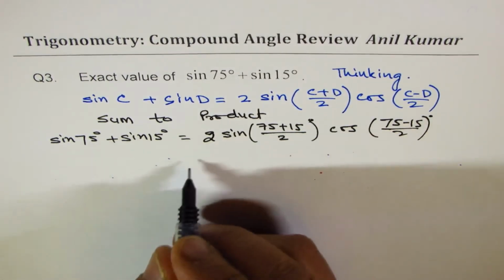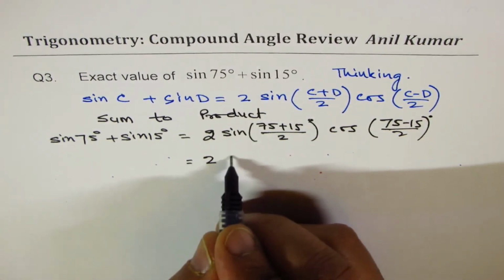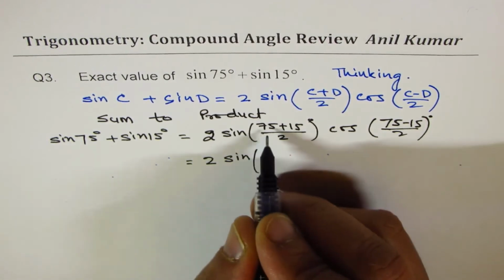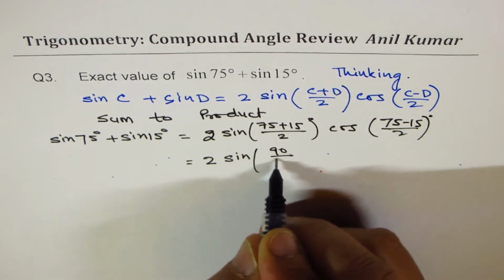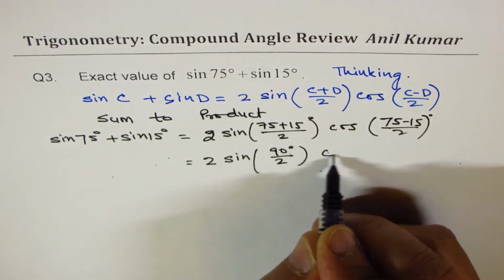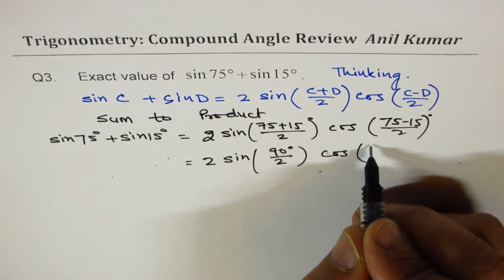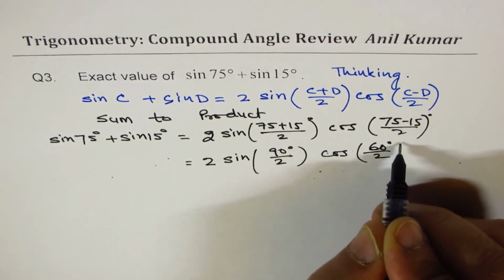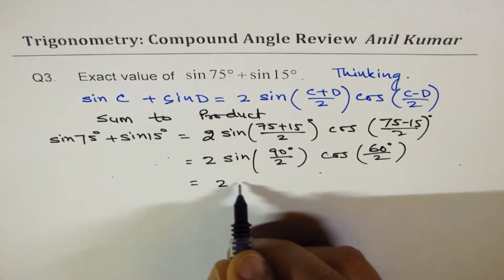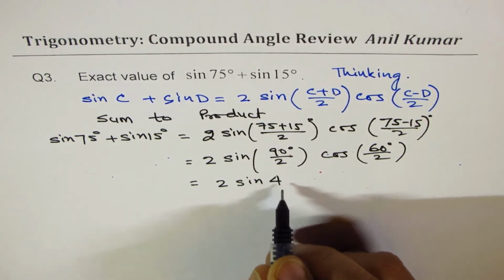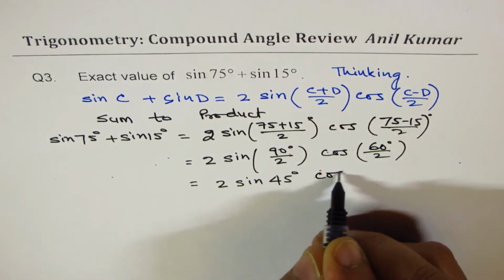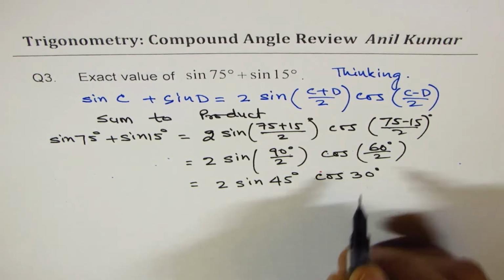All are in degrees. So that gives you twice sine, and 75 plus 15 is 90, so we get 90 degrees by 2. Cos of the difference will give you 60 degrees over 2. So that gives you twice sine of 45 degrees, cos of 30 degrees, correct?